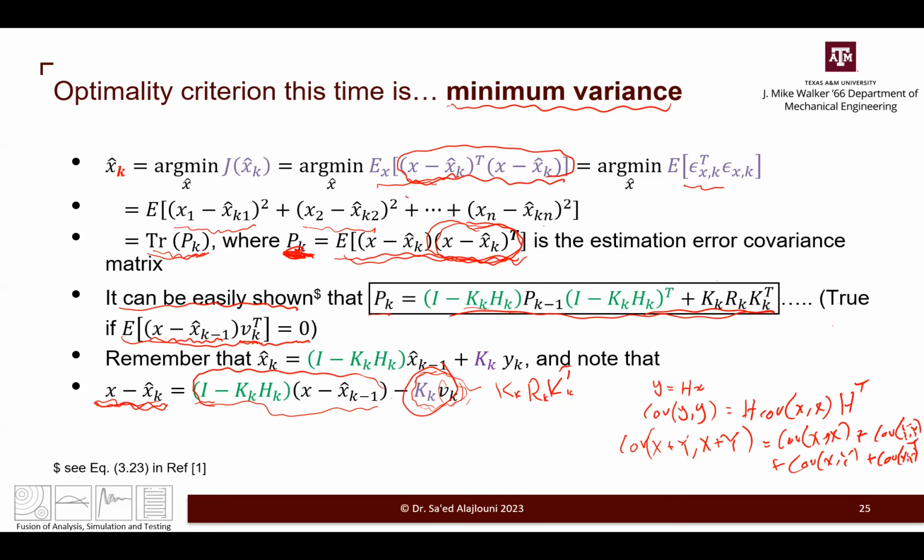But if we assume that x and y are uncorrelated, then these terms go to 0.